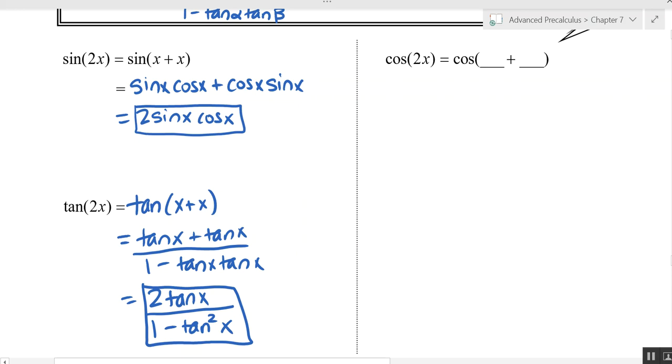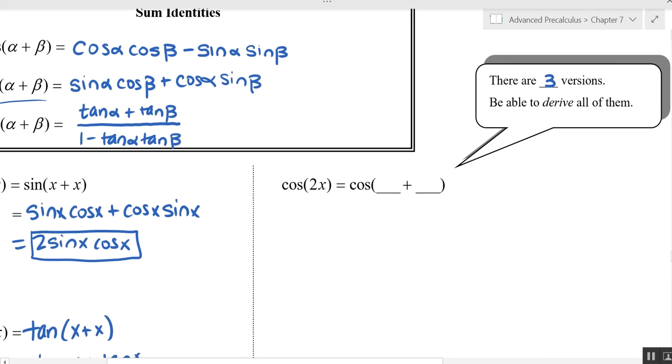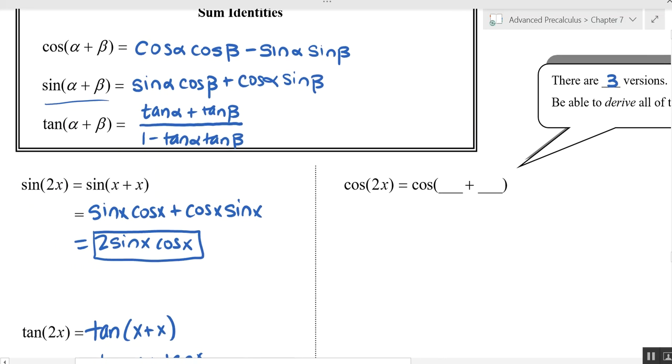And lastly, our cosine one. There's actually 3 different versions of this, and you definitely want to be able to derive all 3 of them because they're all useful. So we'll repeat the same pattern we did previously, where we rewrote cosine of 2x as cosine of x plus x.